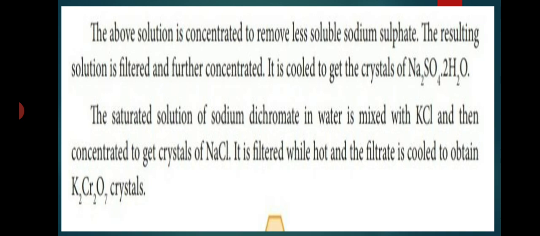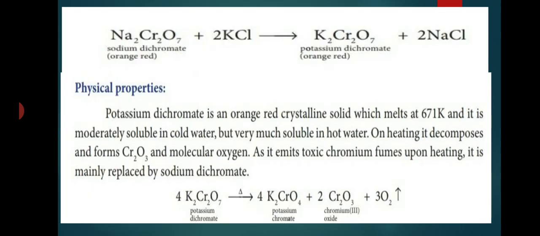Then the saturated solution of sodium dichromate in water is mixed with KCl. So the third step is that sodium dichromate is mixed with KCl, that is potassium chloride, and then concentrated to get crystals of potassium dichromate. Na2Cr2O7 plus 2KCl gives K2Cr2O7 plus 2NaCl.